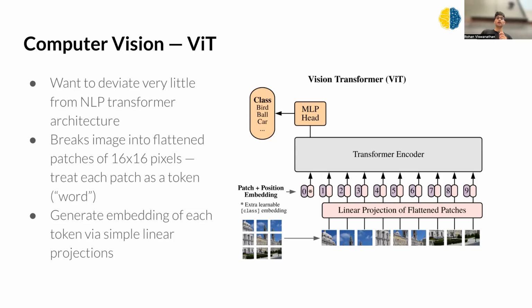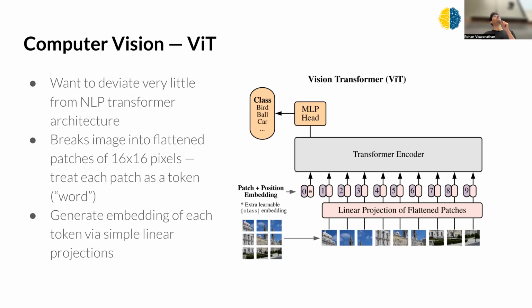On the right is a takeaway from the Vision Transformer paper of the architecture. And as you can see, on the bottom, instead of passing in word embeddings, we're passing in patches of images. We're applying a linear projection to get these tokens. And now we're able to pass it into the model as if it were a word token.